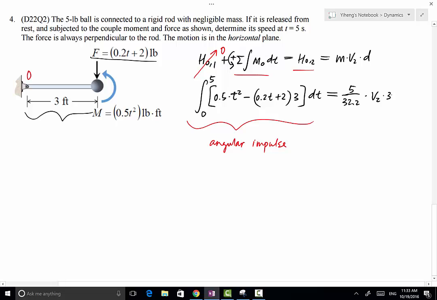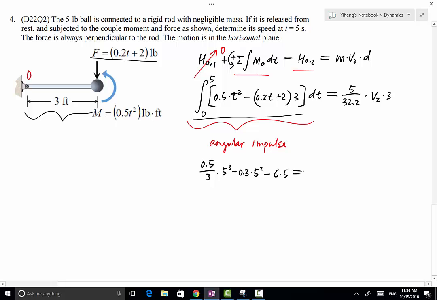So now this equation only has one unknown, which is v2. On the left hand side, we can integrate this function of time with respect to time, and that will be a polynomial. So that will be 0.5 over 3 times 5 to the third power minus 0.3 times 5 to the second power minus 6 times 5.